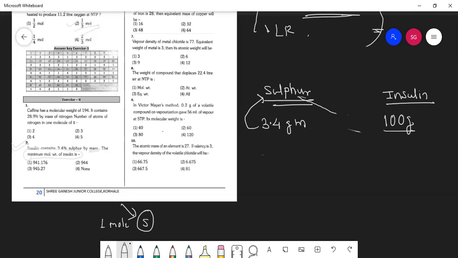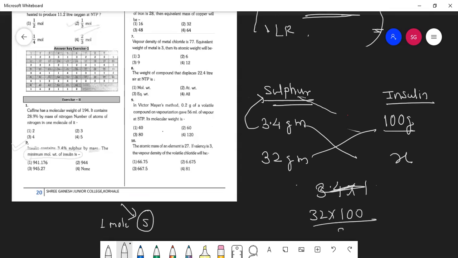If you take at least one, meaning 32 grams, then how much will the insulin be? So it will be 32 into 100 divided by 3.4. If you remove this point, this will become 1000 upon 34. Just solve it, you will get the answer.